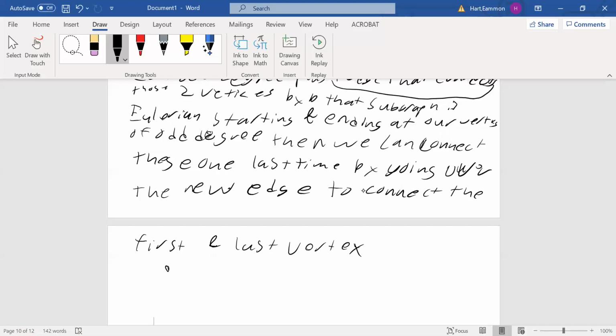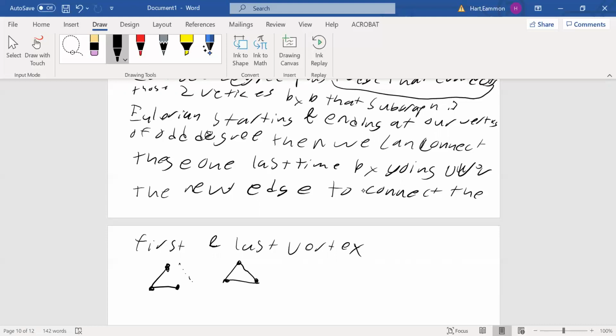So to give you guys a picture of what's happening here, this is one of the more simple examples. Here we have an Eulerian walk such that we go from here, like this can be our starting point and this can be our end point, or vice versa, it doesn't matter. But we go here to here to here. And then we can represent this guy as this plus this edge right here.